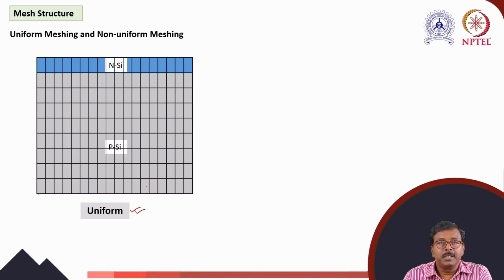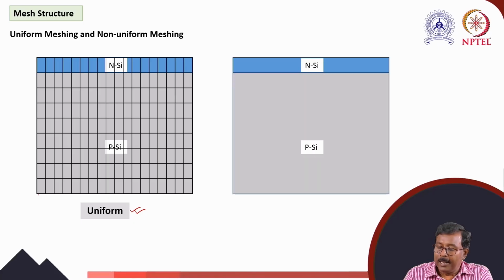Another type of meshing is called non-uniform meshing. Let us see how it looks. Again, we consider the same PN junction structure, and if we divide this structure using the non-uniform meshing technique, it will be like this.